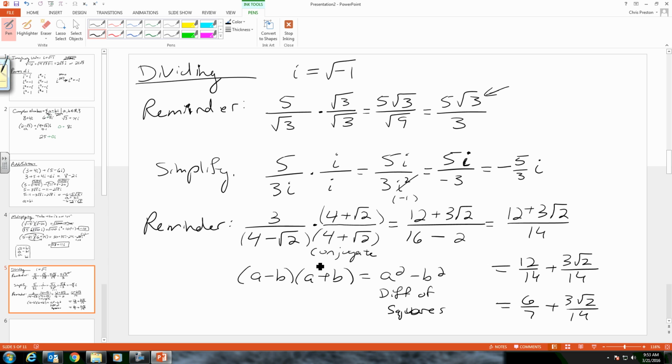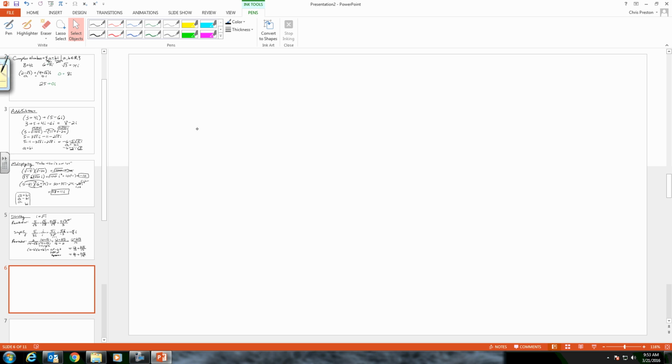You have that option. Now, when we deal with complex numbers, we run into the same situations. Let's say we have 3 minus 2i over 5 plus i. What I'm going to do is multiply by 5 minus i. Again, it's all about the bottom.